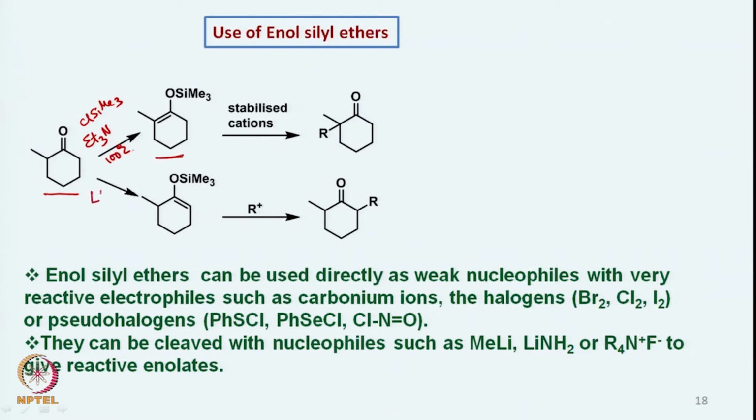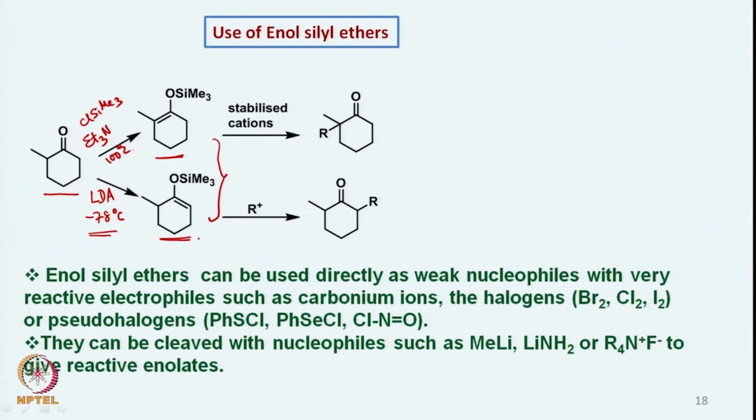On the other hand, if we take a base as strong as LDA and at minus 78 degrees centigrade we do the reaction, then of course we can get the enol silyl ether of this kind. So, we have conditions under which different types of enol silyl ethers can be procured.